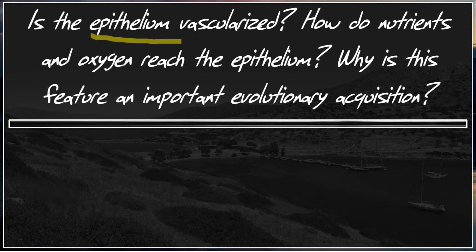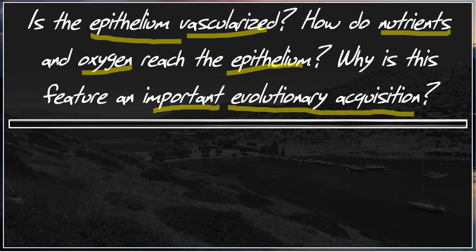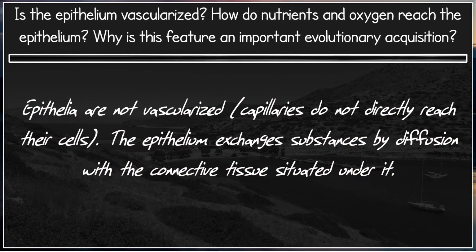Is epithelium vascularized? How do nutrients or oxygen reach the epithelium? Why is this feature an important evolutionary acquisition? Epithelia are not vascularized, that is, capillaries do not directly reach their cells.